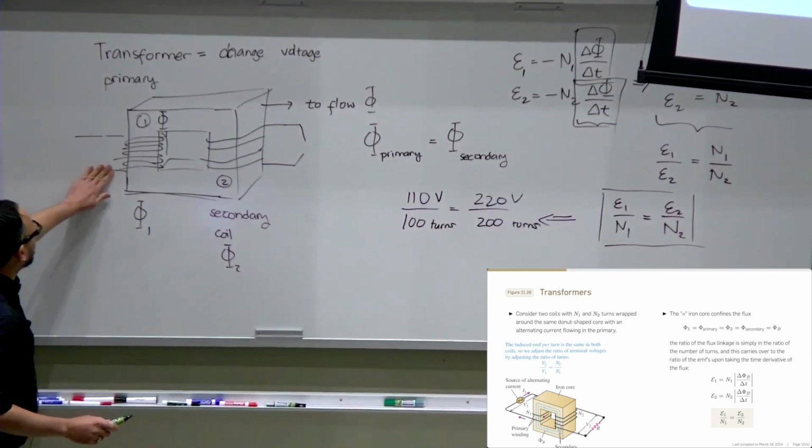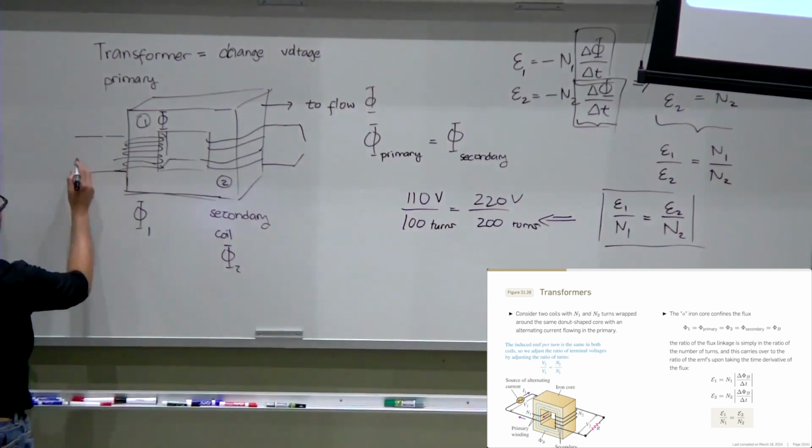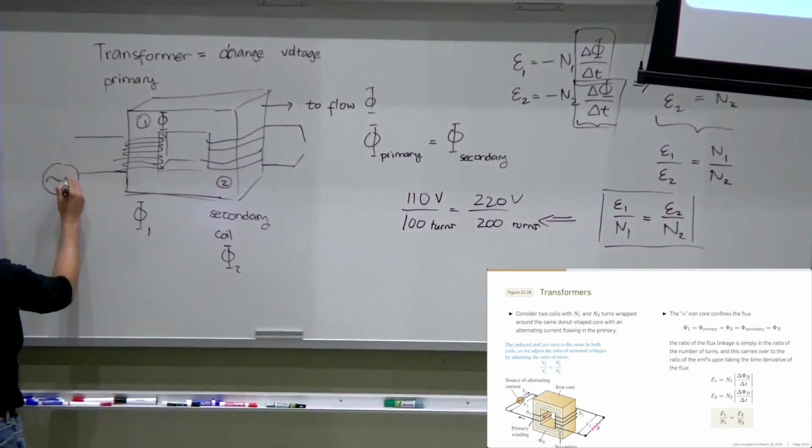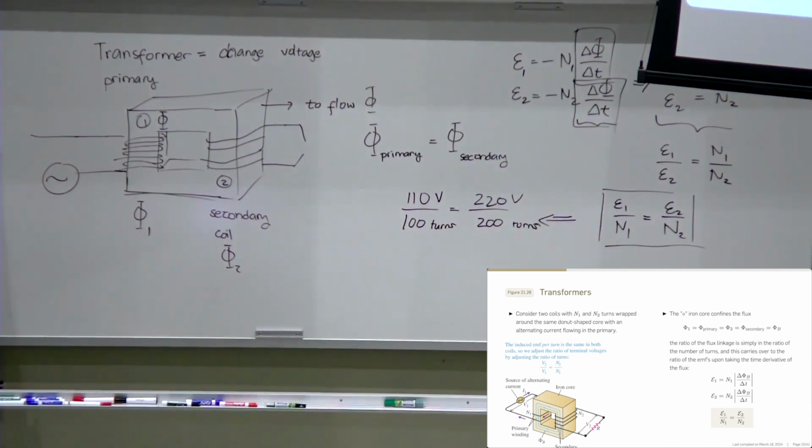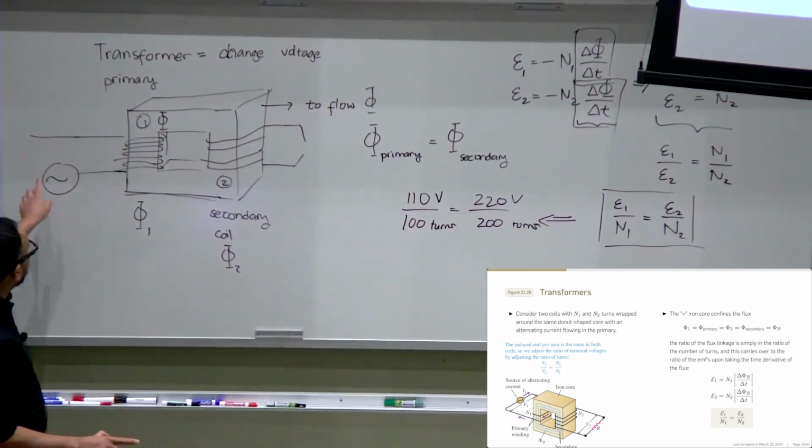What do we need? Other than different turns and our iron core, what do we need? Yeah, we need alternating currents. Before spring break, I mentioned that more than 100 years ago, there was a feud between Thomas Alva Edison and Nikola Tesla.